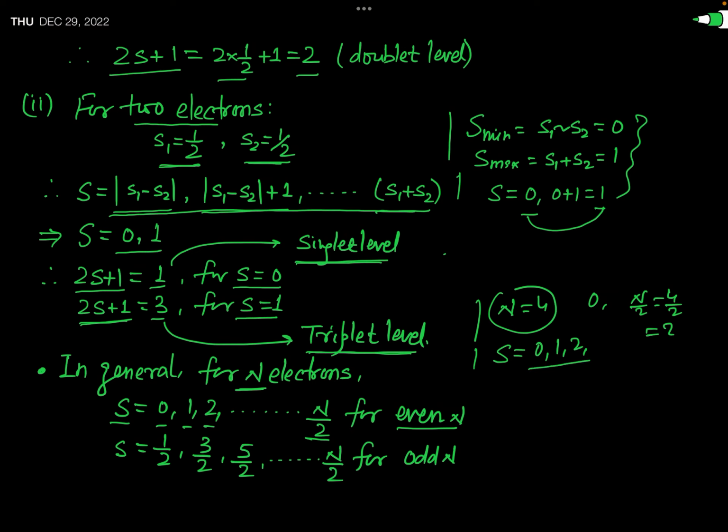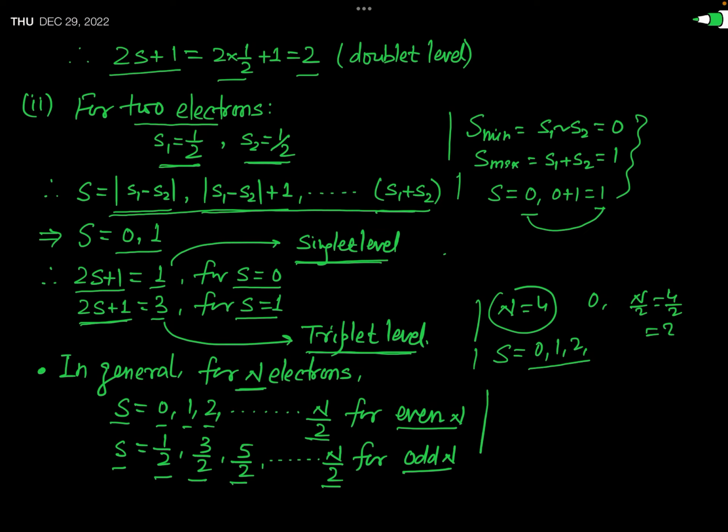And if the total number of electrons n is an odd number, like 1 or 3 or 5 or 7 and so on, in that condition, S has these values. These are half integral values: 1 by 2, 3 by 2, 5 by 2, and up to n by 2.